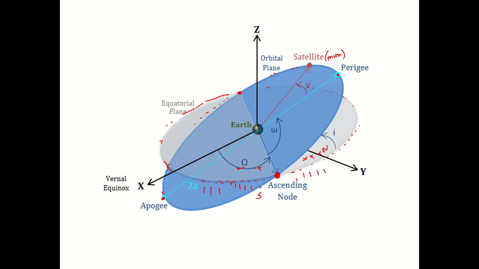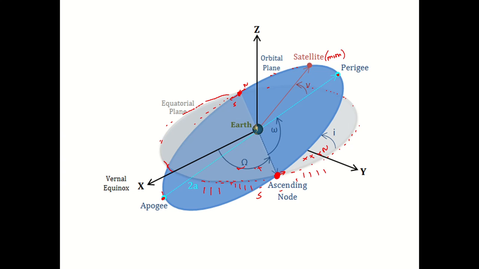So at this point the satellite or the moon passes from the southern part of the reference plane to the northern part, which is called the ascending node. And at this point the moon travels from the northern part of the reference plane to the southern part, which is called the descending node.